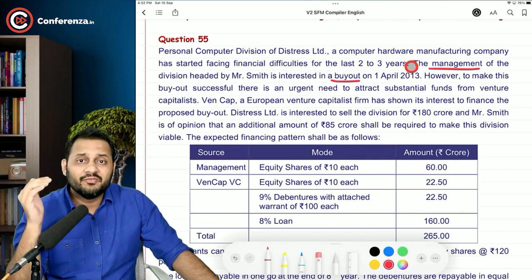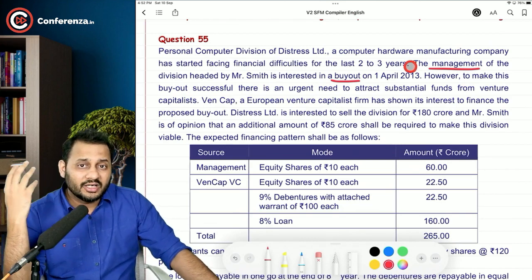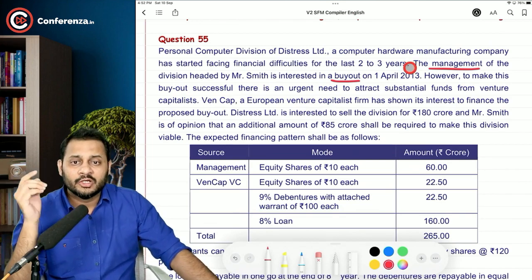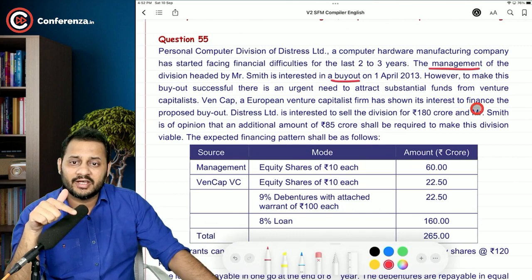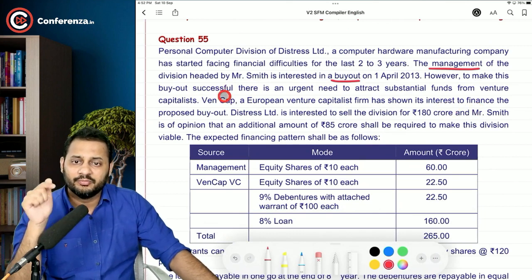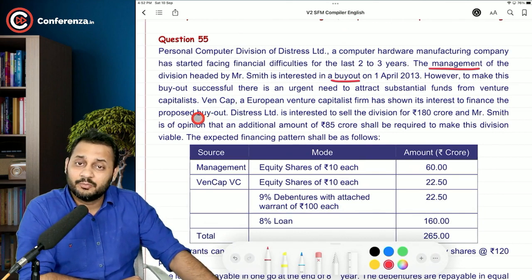So management will go to the venture capitalist, to the banks, or to other people who can lend them money. Vencap, a European venture capitalist firm, has shown interest to finance the proposed buyout.